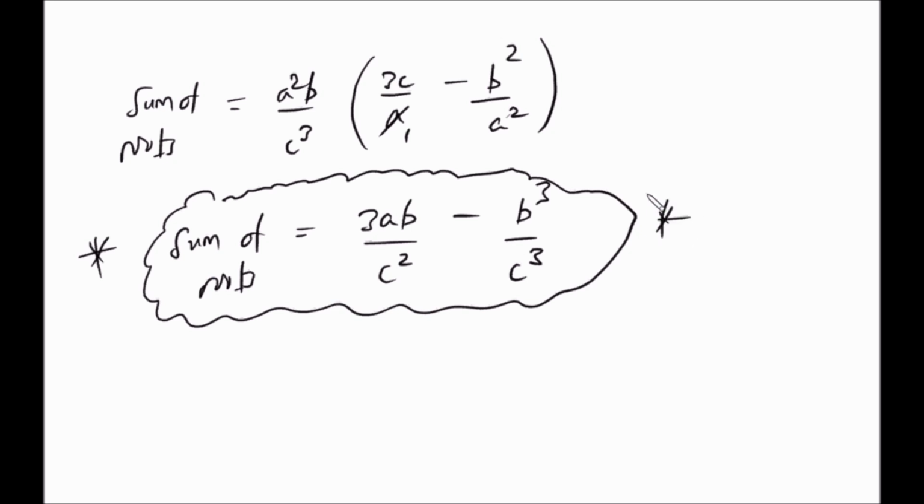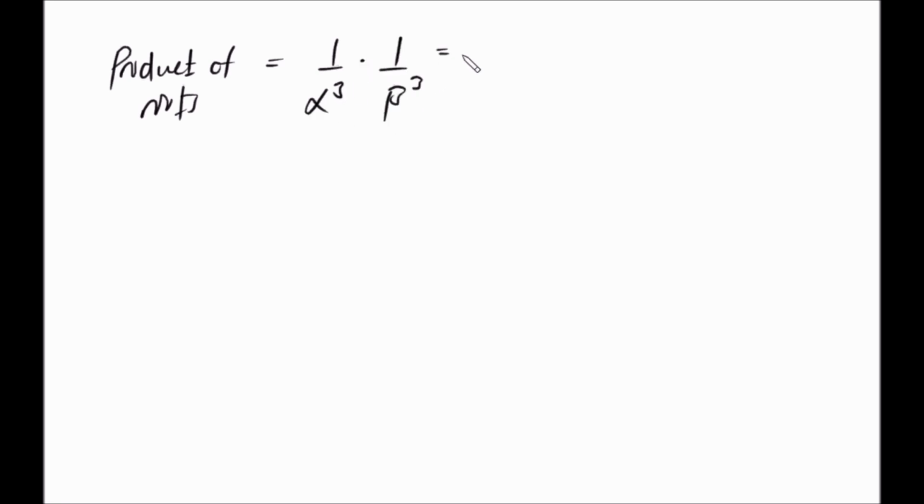Now we need to find the product of roots. So product of roots sasa, maana nichukue root ya kwanza 1 over alpha cube times root ya pili 1 over beta cube. Kwa hiyo itakuwa ni 1 over alpha cube beta cube, au unaweza kaandika 1 over alpha beta cube.